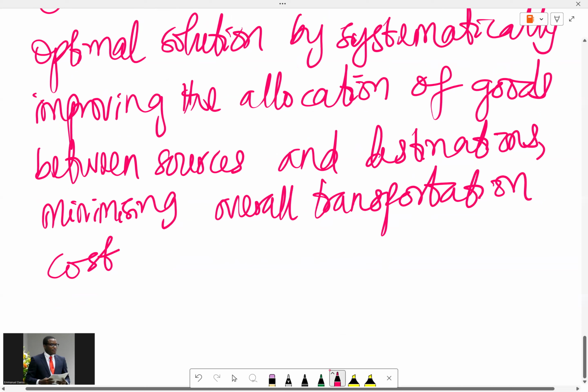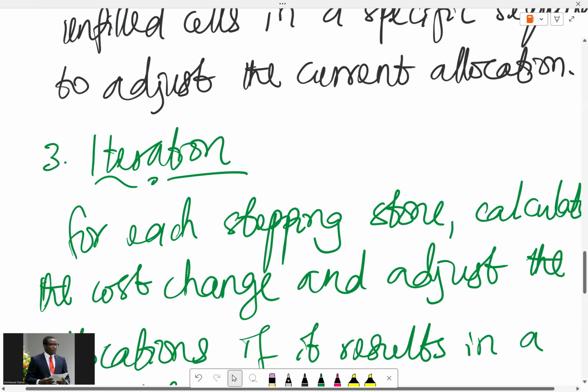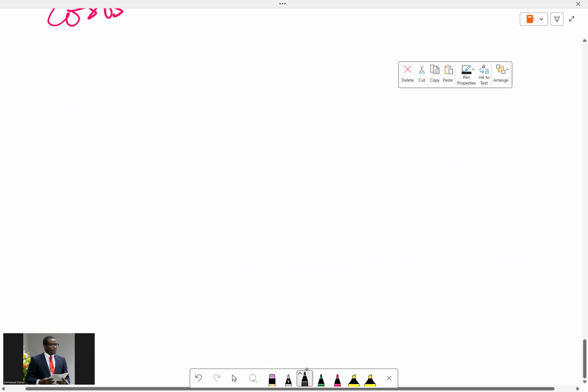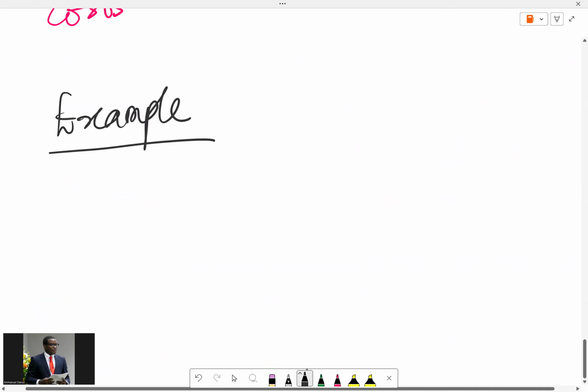So that's the brief thing about the stepping stone method. Let's take an example now. Of course, I make sure I'm using the same problem about three suppliers and three consumers.